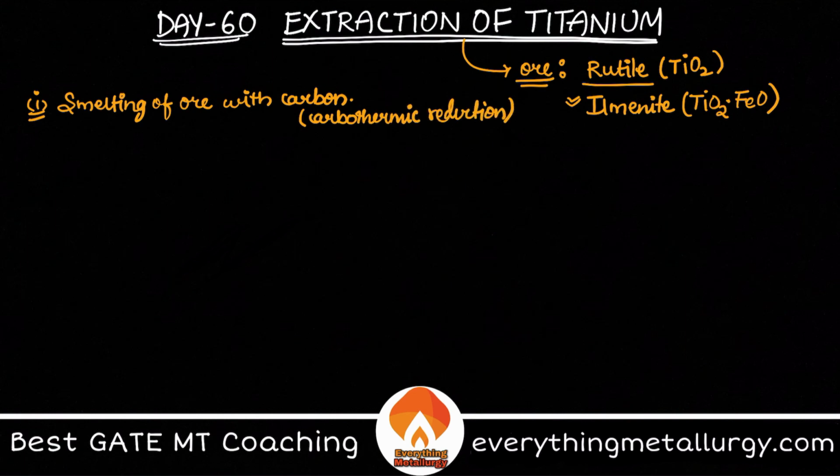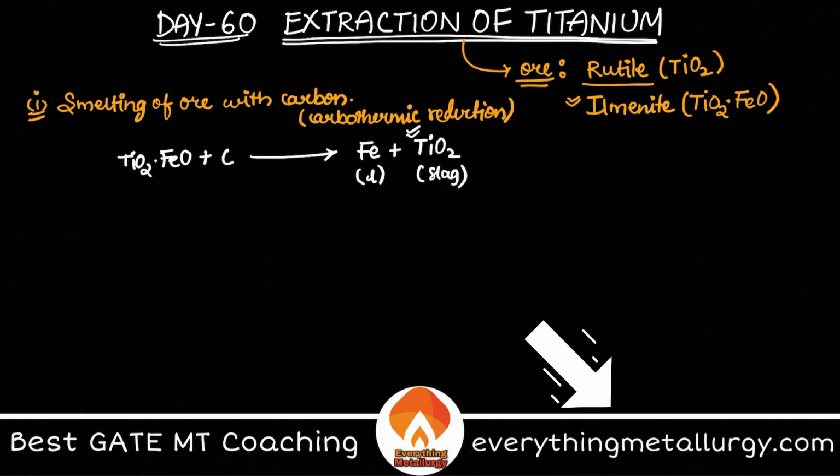You have TiO2·FeO, and it is reacted with carbon at an elevated temperature, so that iron will be reduced. That means iron will be converted into hot metal, in liquid state, plus you will have some slag, and the majority of the slag is TiO2. Of course, you have CO gas going out as top gas.